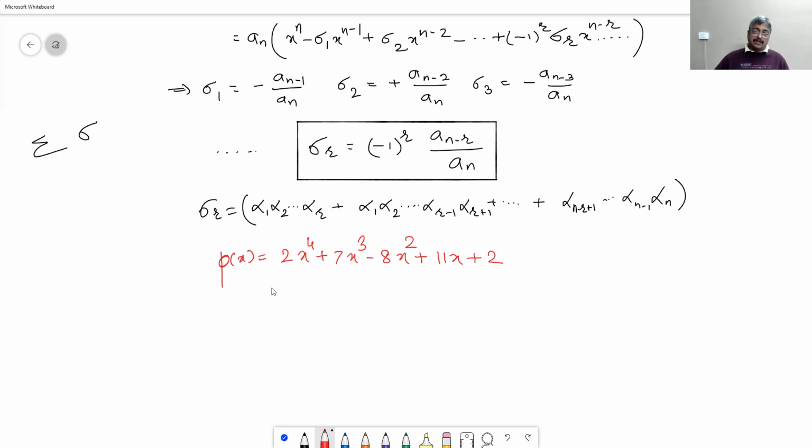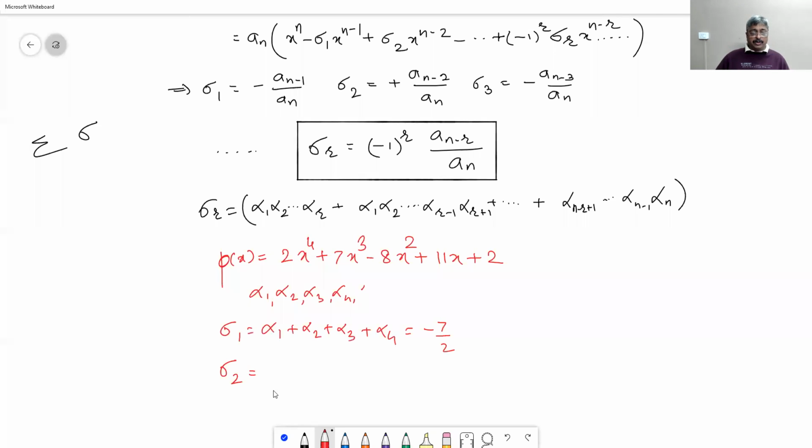Suppose this has got 4 roots, alpha 1, alpha 2, alpha 3, alpha 4. These are the 4 roots of the 4th degree polynomial. So sigma 1 is equal to alpha 1 plus alpha 2 plus alpha 3 plus alpha 4. How much is this? It is minus 7 by 2.